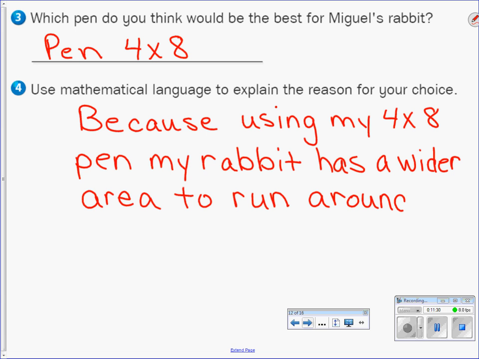And the other one, he would have a longer area, but I like to have him have more width. So either way would be your own preference, depending on which one you like. All right, this concludes Math Lesson 4.11.